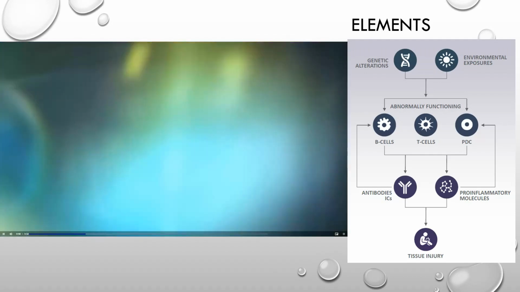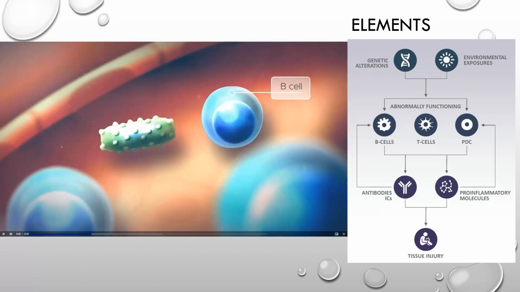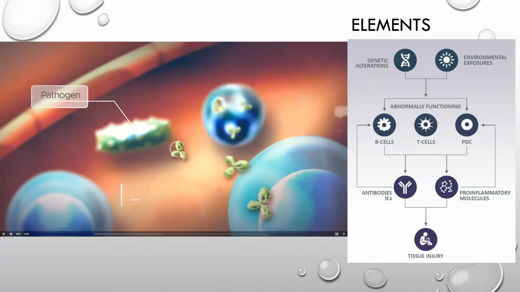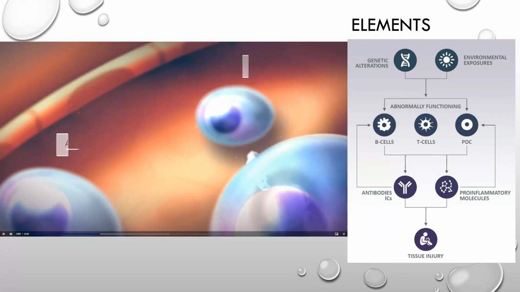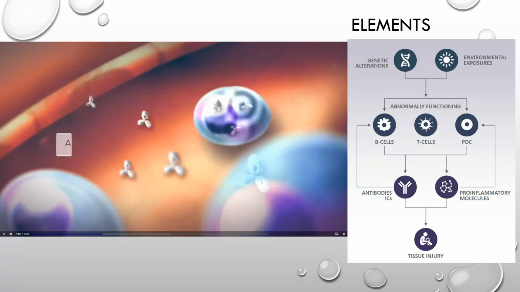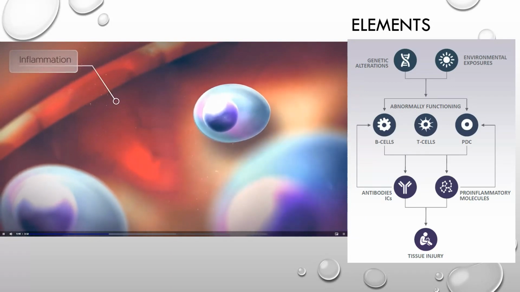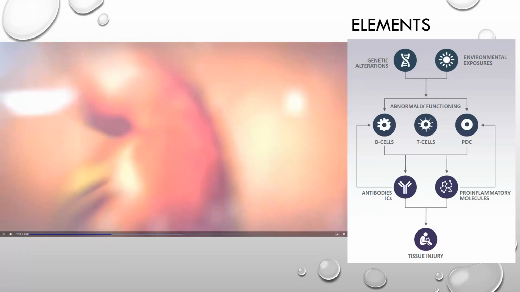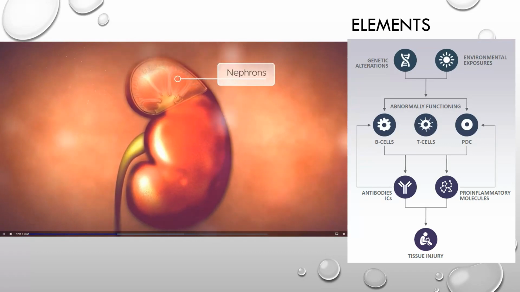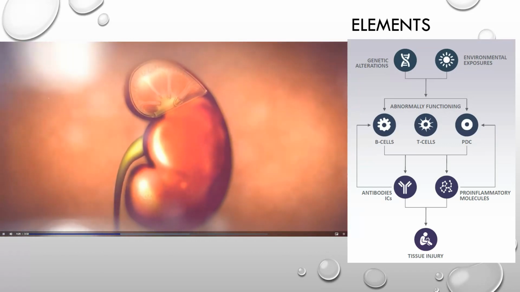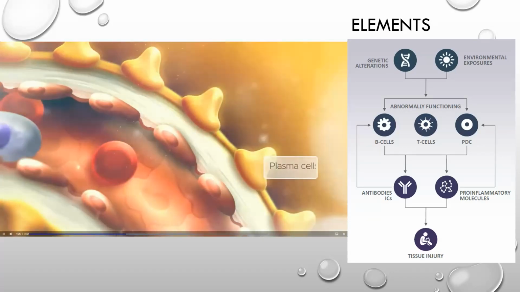So what's going on inside the body here is we have our B cells or T cells, abnormal functioning cells in our body that are used to fight off infection, but the autoreactive B cells produce antibodies that attack and destroy healthy tissues and organs, and they can cause widespread inflammation. This is just going to zoom in on the kidneys, but this could happen anywhere. What happens in our blood, our immune system attacks and damages nephrons here in the kidney.